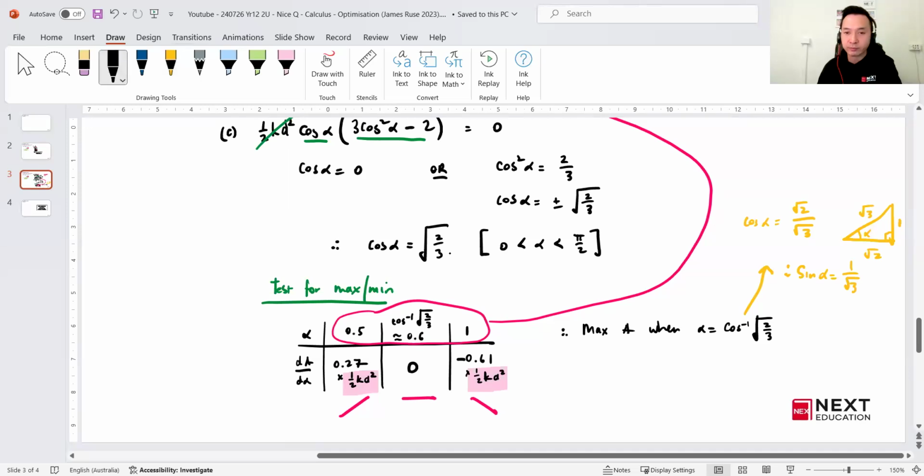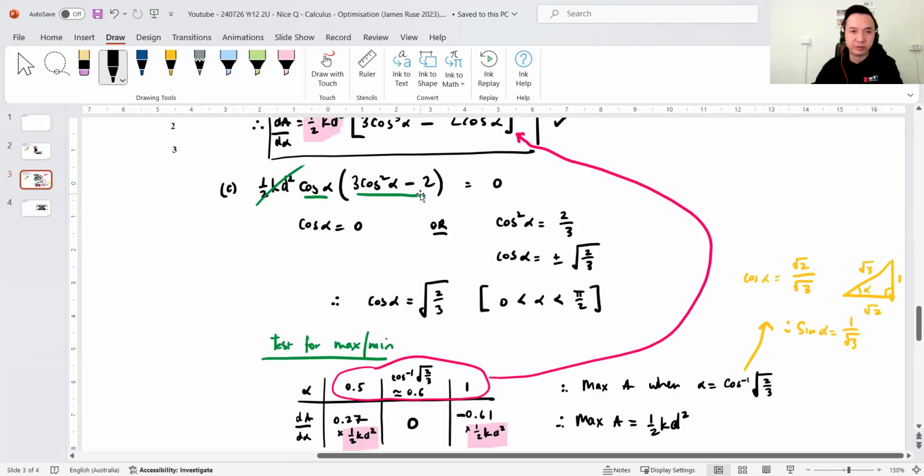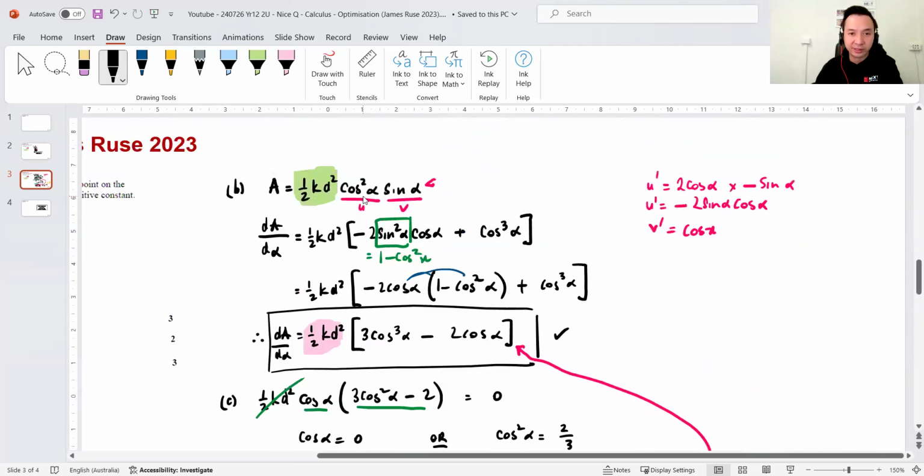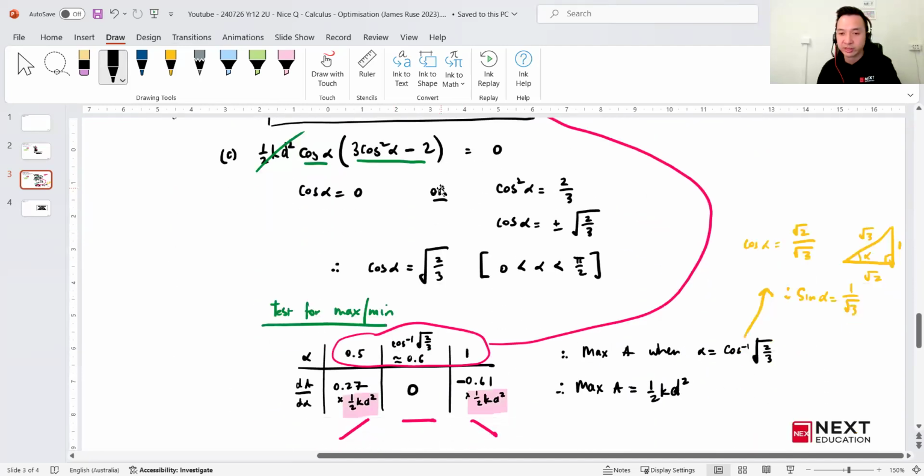So therefore, max area equals... Now I definitely have a half kd squared in front, I believe. In the formula, we'll scroll up. Okay, cos squared times sine. So I'm going to multiply this by cos squared, the square of root 2 on root 3 squared, multiplied by 1 on root 3.